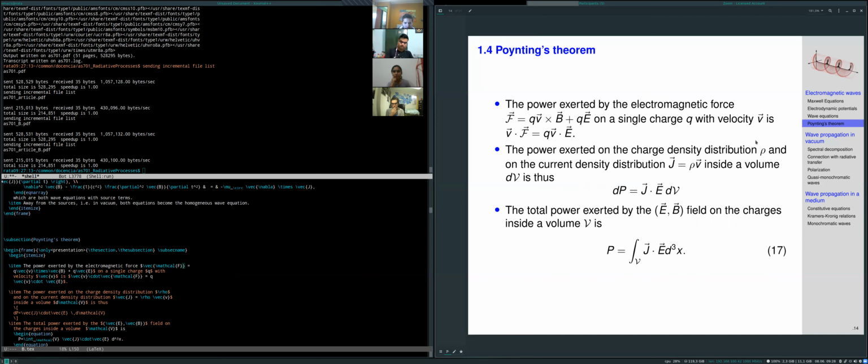We have this charge density rho and the electric current density inside some small volume elements dV. The net power exerted by the electromagnetic fields on this volume dV is just the current density dot the electric field.